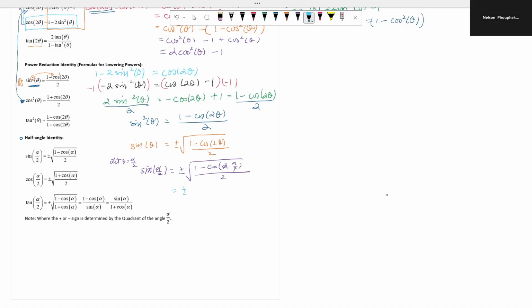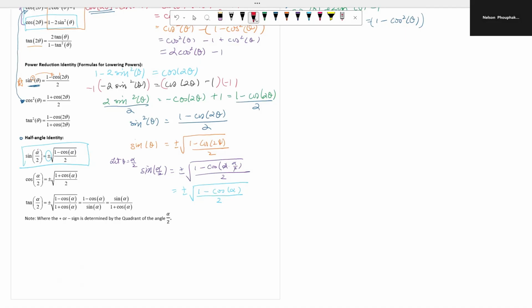Then you will have plus or minus the square root of 1 minus cosine alpha over 2. So we show that sine of alpha over 2 is equal to plus or minus the square root of 1 minus cosine alpha over 2. Now when we work on a problem, how do we take care of the plus or minus?